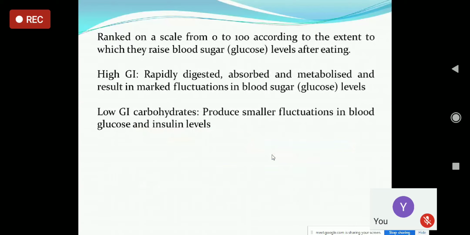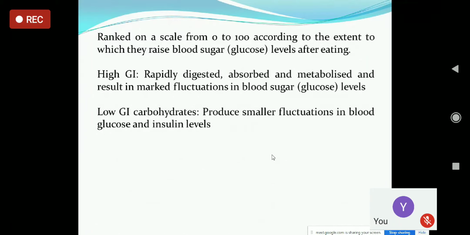Glycemic index is ranked on a scale from 0 to 100 according to the extent to which foods raise the blood glucose levels after eating. High glycemic index foods are rapidly digested, absorbed and metabolized, and they result in marked fluctuation in the blood glucose level, whereas foods with lower glycemic index produce smaller fluctuations in blood glucose and insulin level.